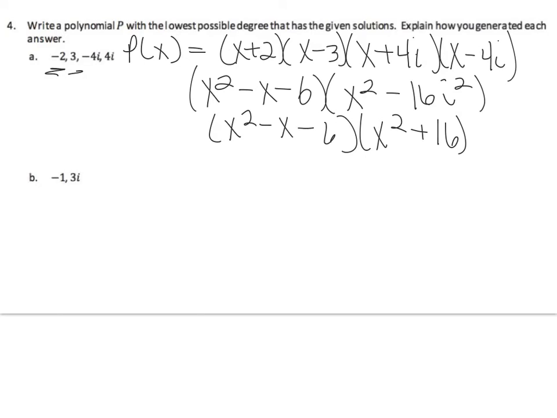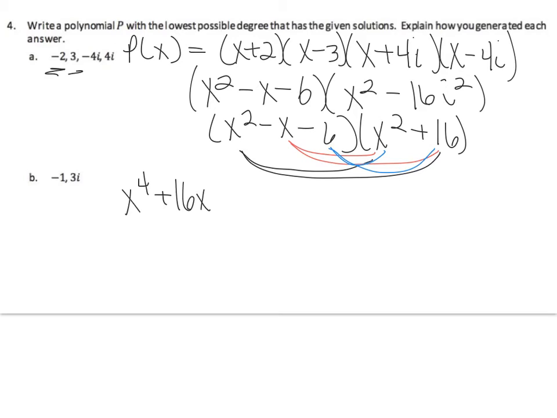I'm going to distribute. So I'm taking the first term and multiplying down, and then the second term, and then the third term. Okay? I'll do this one live, but from now on I'll probably push pause to work through it. So that first one gives me x to the fourth plus 16x squared, and then minus x cubed minus 16x minus 6x squared minus, what is 16 times 6?